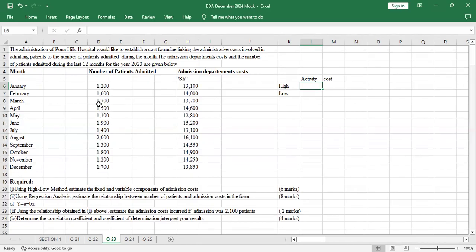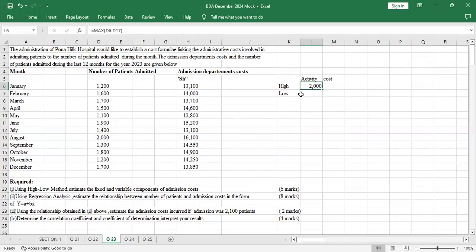But to save on time, you just come here and say equals to, then you use the maximum function. So you say equals to max, then you select all these activities, then you close the bracket, then you enter. So it will give you the highest activity as being 2,000.